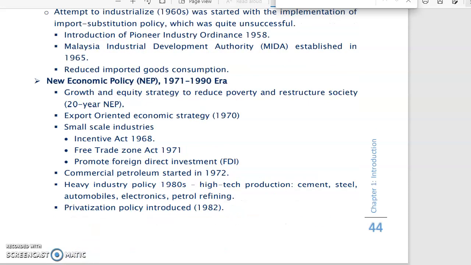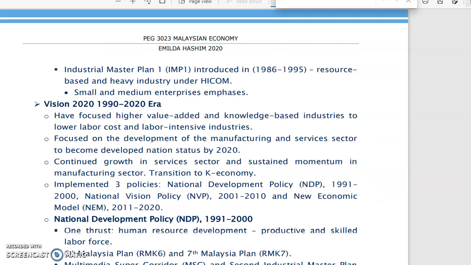Then we come to the NEP era. We had an export-oriented economic strategy, small-scale industry, and commercial petroleum starting in 1972. We also engaged in heavy industry, and a privatization policy was introduced in 1982. Then the 1990 until 2020 era is Vision 2020. We focused on higher value-added and knowledge-based industries in order to lower labor-intensive industries.